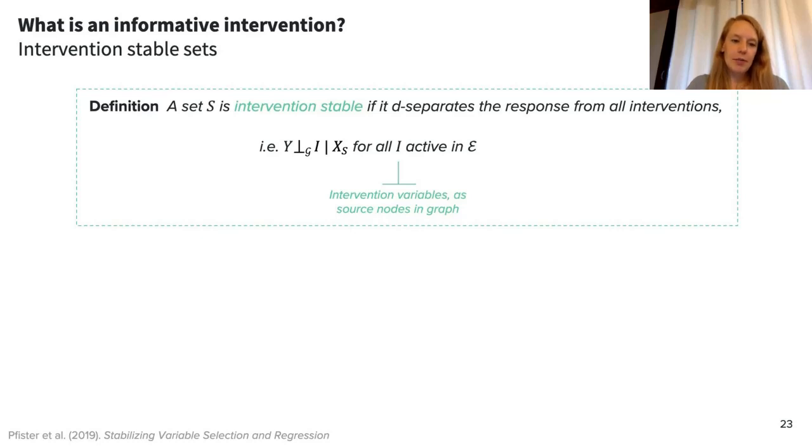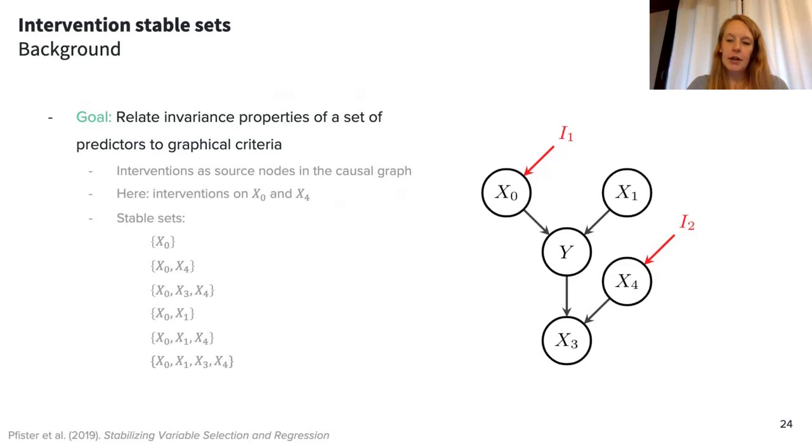So let me go back to the example to clarify this. Here we have two interventions, and now we look at all sets that would d-separate the response Y from these interventions. If you haven't heard about d-separation before, on a very intuitive level, we need to block the flow of information from these intervention nodes to Y. So for instance, X0 would satisfy this, because then the path from I1 to Y would be blocked, and the other path, the one that goes from I2 to Y, is also blocked, because we have a so-called collider X3 here.